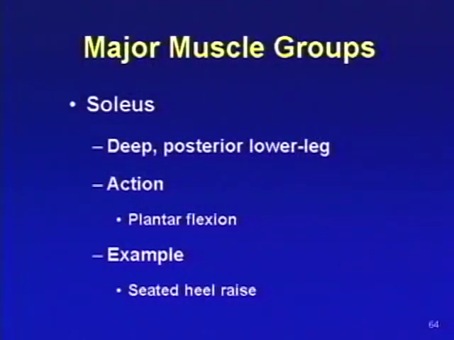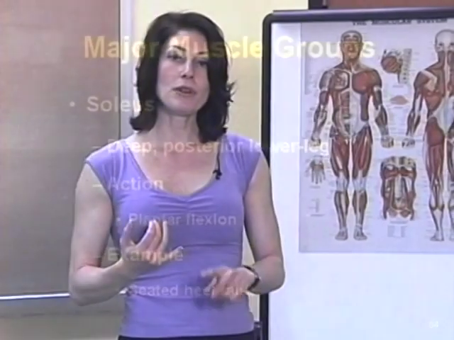The action of the soleus muscle is plantar flexion of the ankle. Now, as I said, both the gastrocnemius and the soleus converge into the same tendon. Therefore, anytime plantar flexion occurs, both the soleus and the gastrocnemius are working. However, the position of the knee joint does affect to what extent each muscle is working.